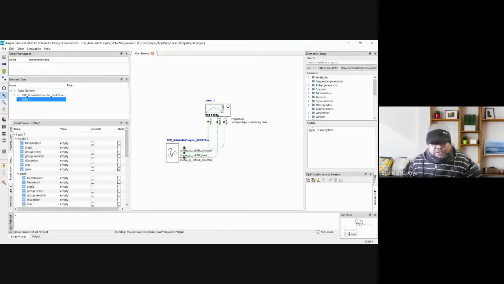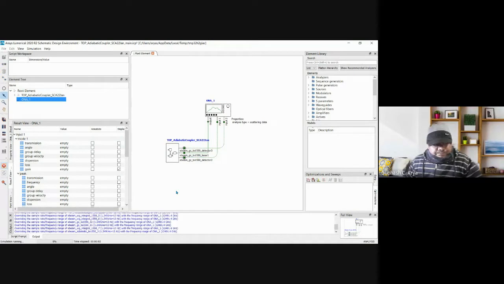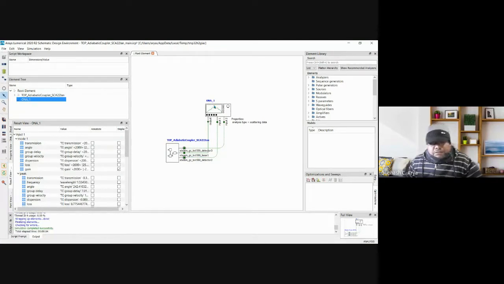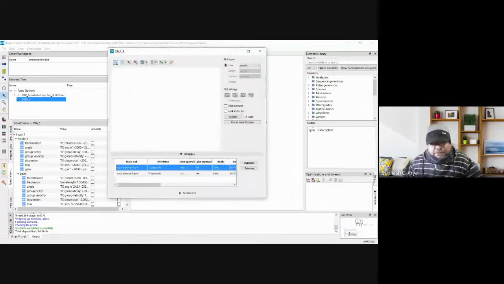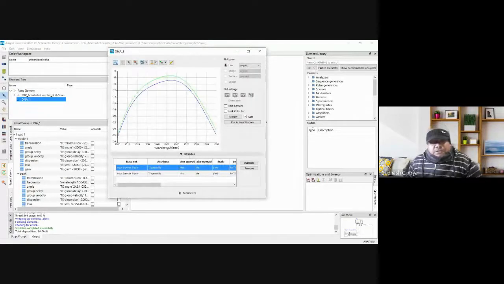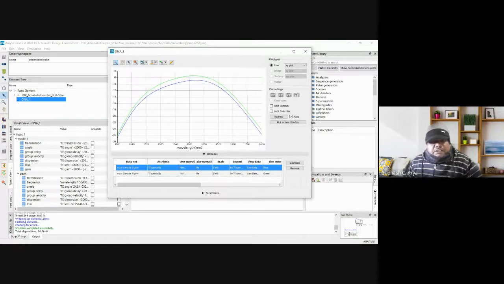So let us see. It's simulated. Successful. Go for display. So yeah, you can see there is a power difference. It is not exactly 50-50, because if it is 50-50, both should coincide.